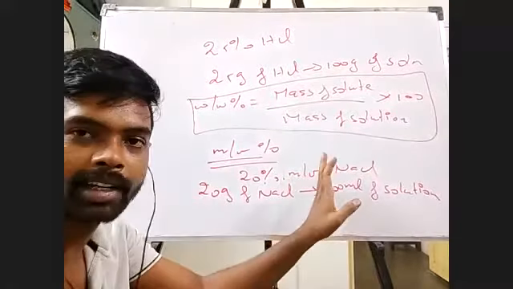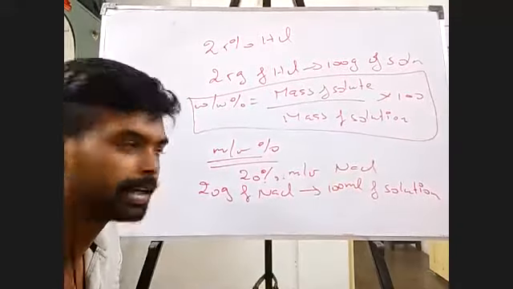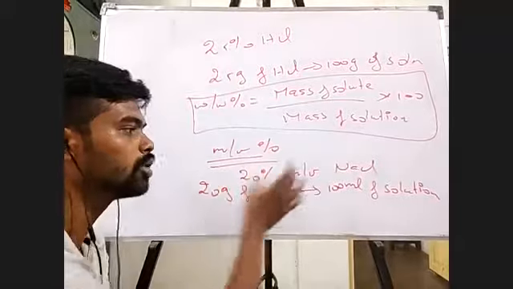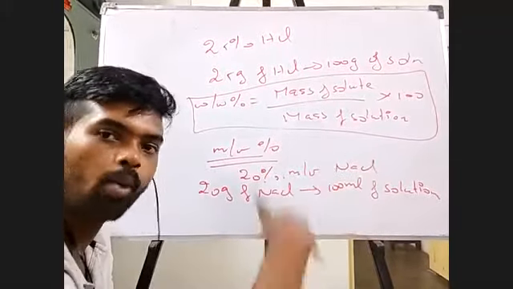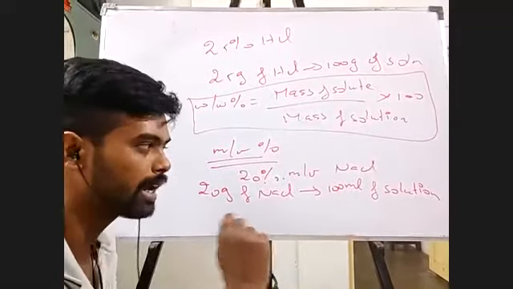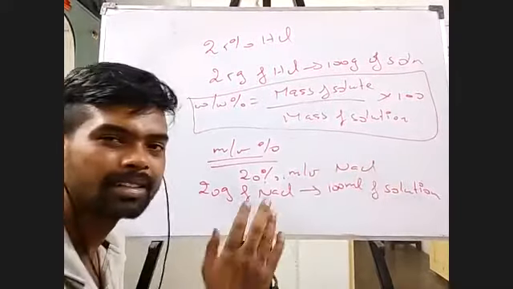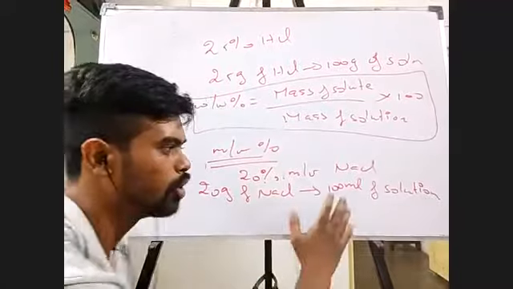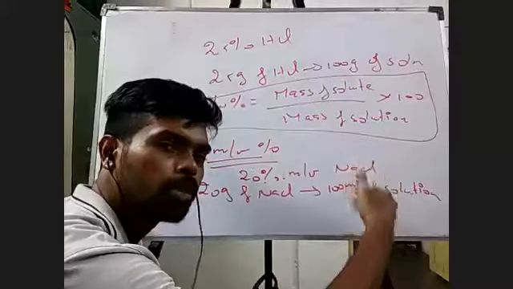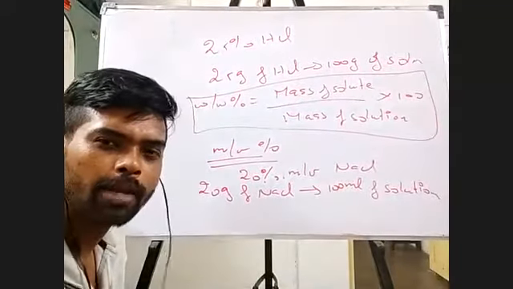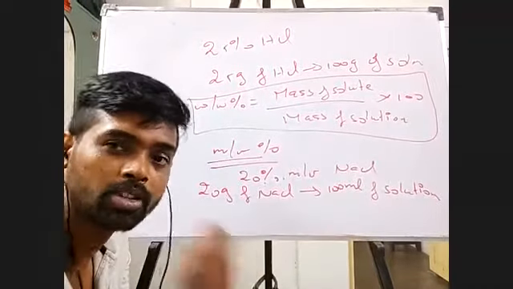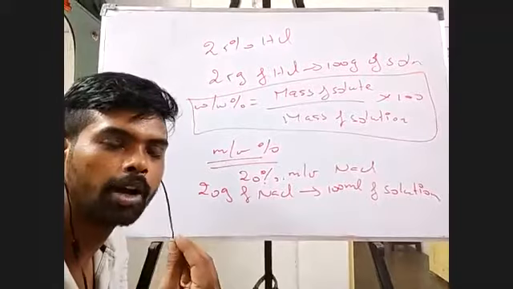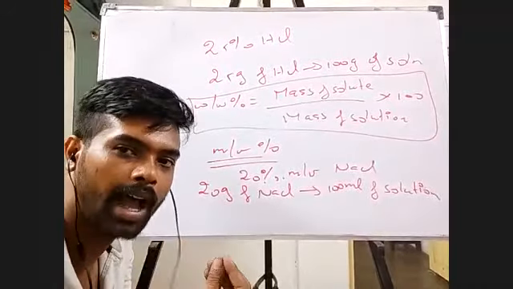Now in this particular case, since my solute NaCl is a solid, and I'm going to dissolve it in water, in the volume of solution I don't think NaCl will have a role to play because it's a solid. Generally, we speak of volume for liquids and gases.